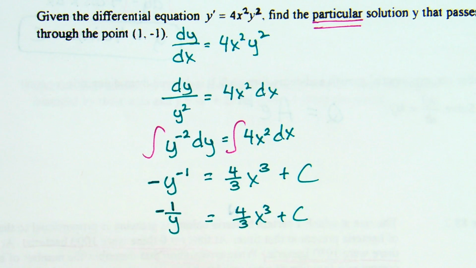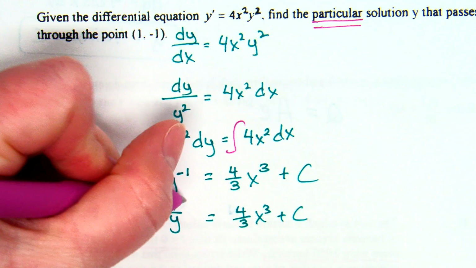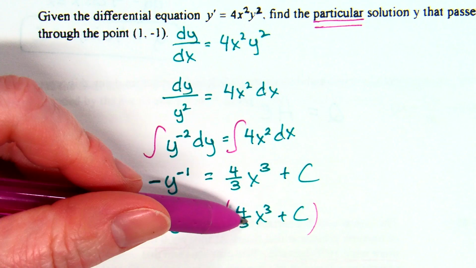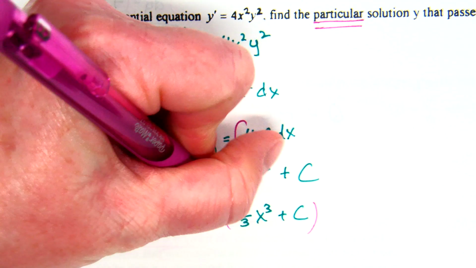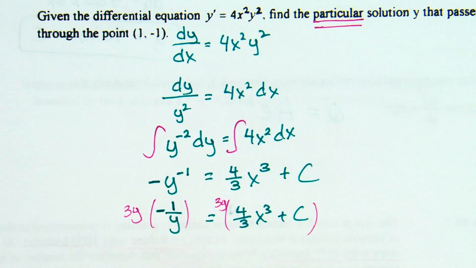Multiply by the denominators. I have a denominator of y, and I have a denominator of 3. So I could multiply by 3y. 3y times negative 1 over y is going to become negative 3.